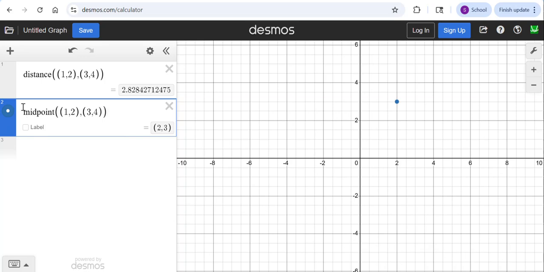And if you click the label here, it will show you the label in the graph also. That's where the midpoint is, between the 2 points that we are looking for.